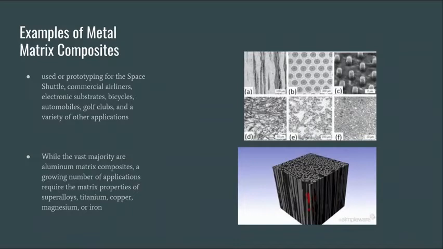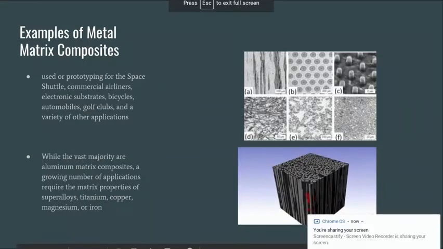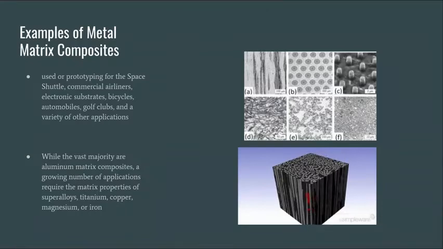Some specific examples of a metal matrix, though, you do not need to write this in your notes. They are used in the prototyping for space shuttle, commercial airliners, electronic substrates, bicycles, automobiles, golf clubs, and a variety of other applications.